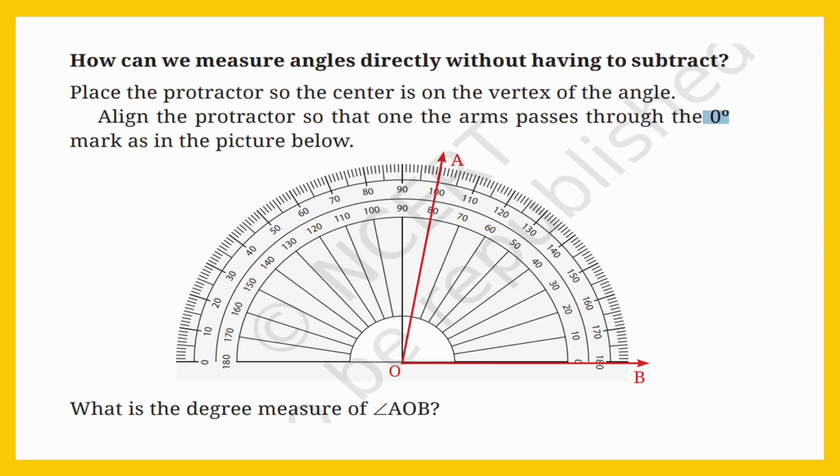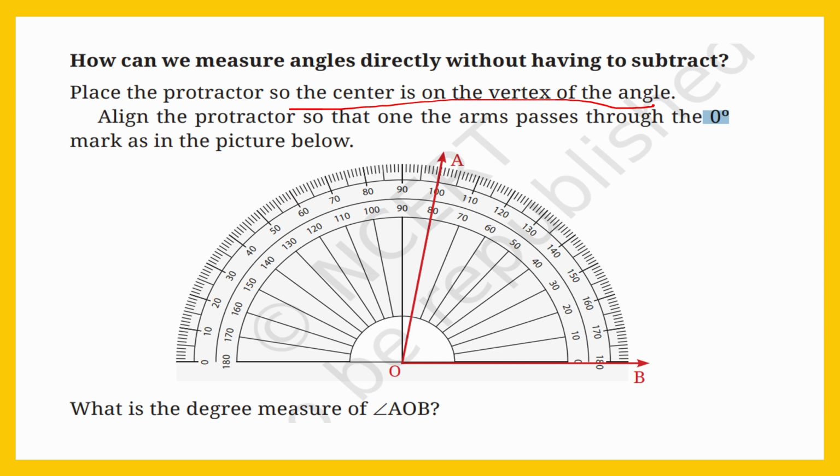How can we measure angles directly without having to subtract? Place a protractor in such a way that the center is on the vertex of the angle.